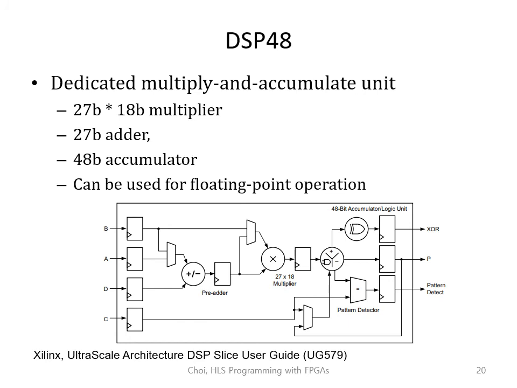DSP, or DSP48 to be more precise, is a dedicated multiply and accumulate unit on FPGA. It's composed of a 27-bit times 18-bit multiplier, 27-bit adder, and a 48-bit accumulator. So it's definitely a computation unit. And DSP48 can be used for both fixed point and floating point operation.